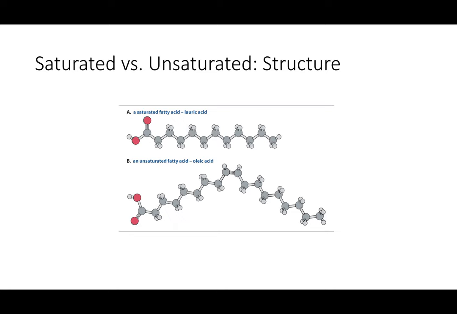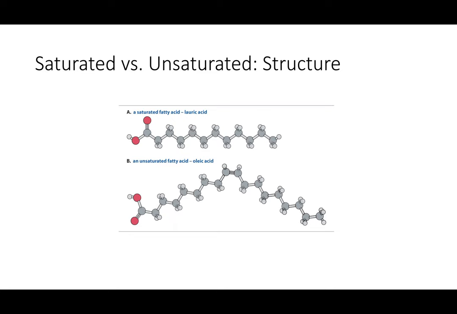If we switched it up and had 16, 2, N minus 6, okay, if it's 16, 2, N minus 6, then the same thing goes. It's 16 carbons. The first double bond is 6 carbons from the omega end, but the placement of the second double bond is inferred because double bonds are always spaced by 3 carbons.